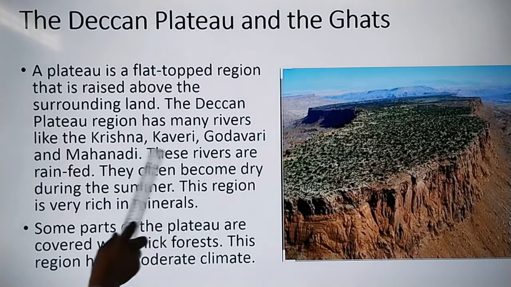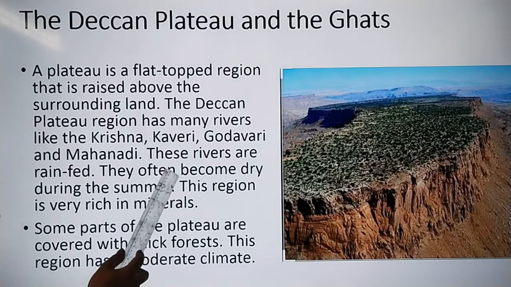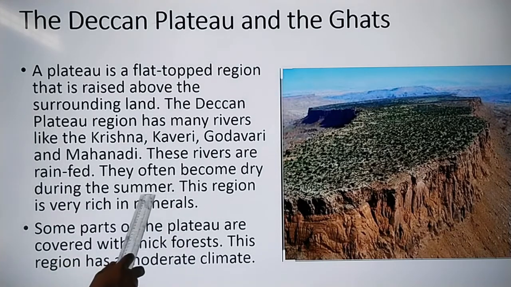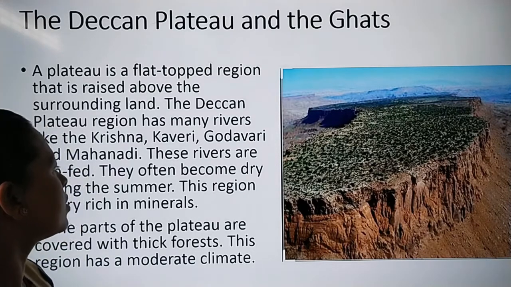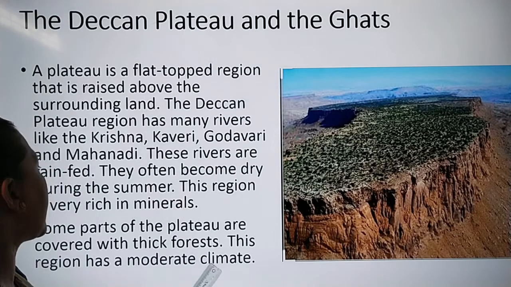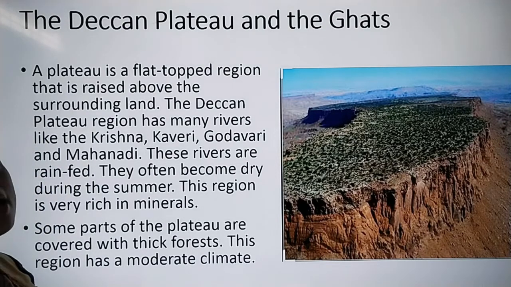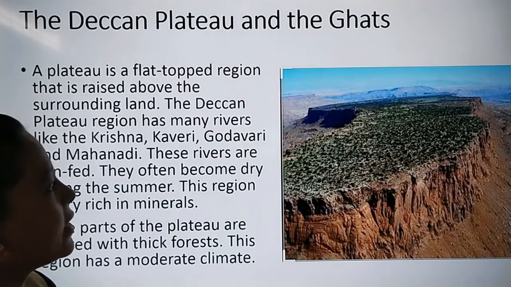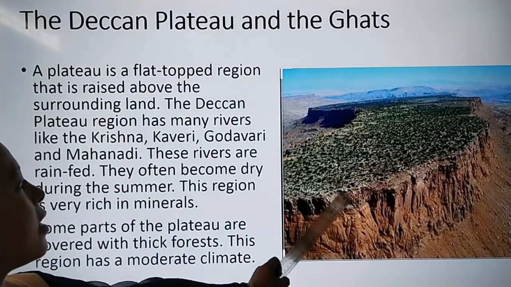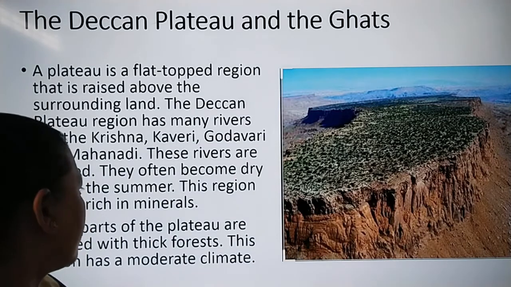These rivers are rain-fed, so they often become dry during the summer. This region is very rich in minerals. Because of the rain-fed rivers, this region becomes very dry during the summer seasons, and these Deccan places are very rich in minerals.